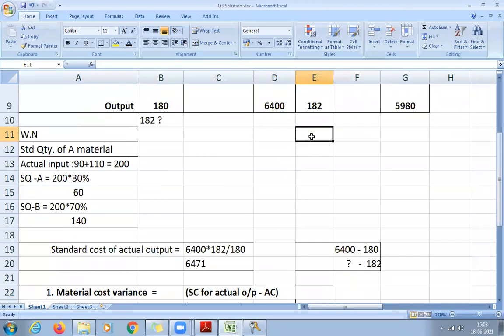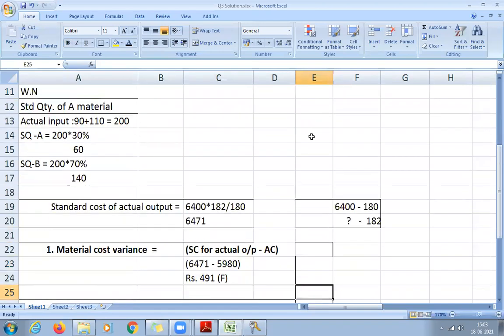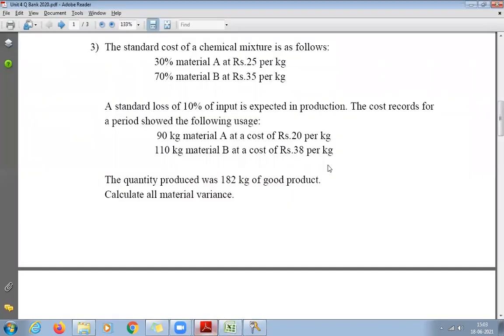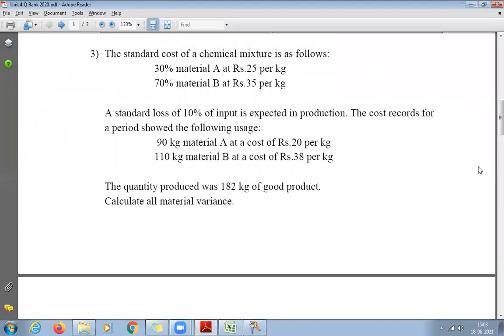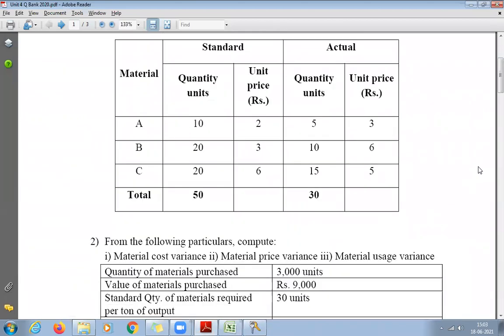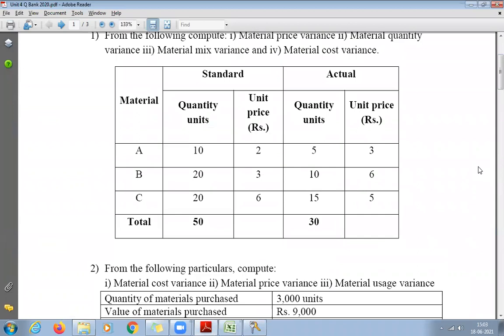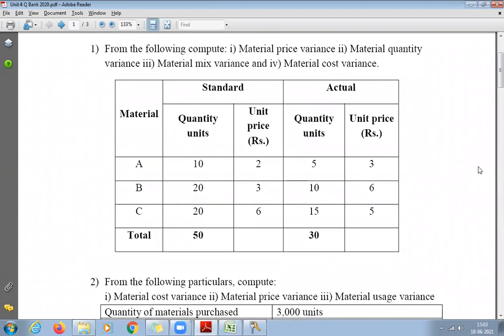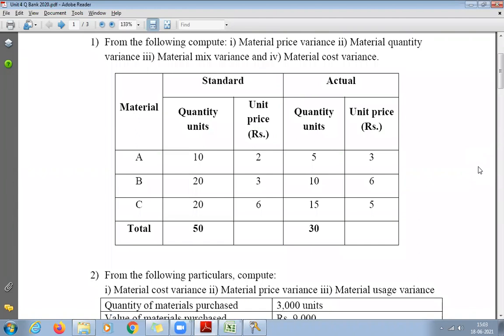In the previous question, is it the same? Can you compare to the previous question? In the previous question, he has not given the quantity manufactured. That is why we don't need to calculate for that.